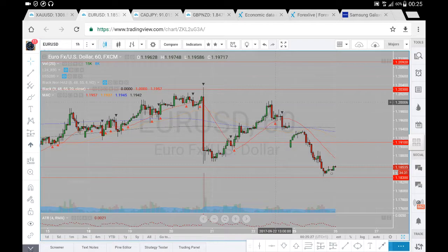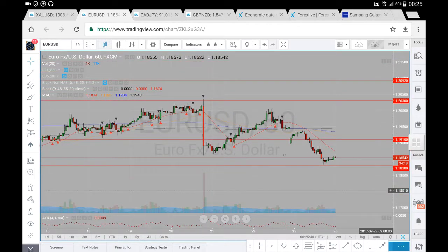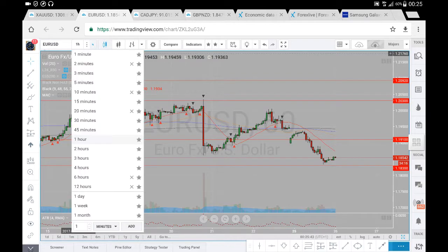Now, say we were not to get up to 1910, say we reversed downwards and we successfully broke this 1830 where we've bounced. Where would we expect price to likely find support again? So let's go looking for that.